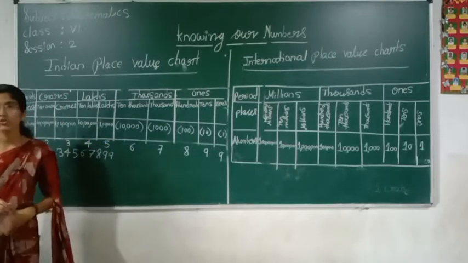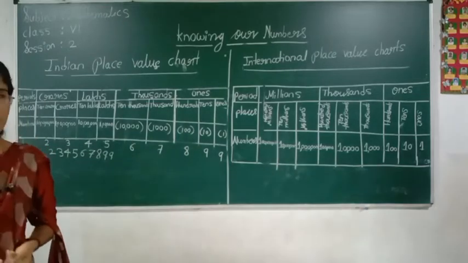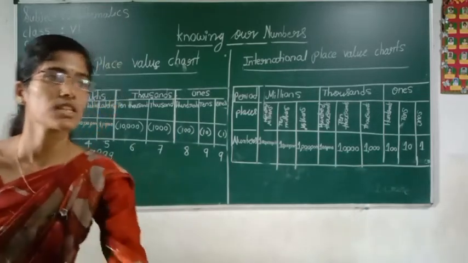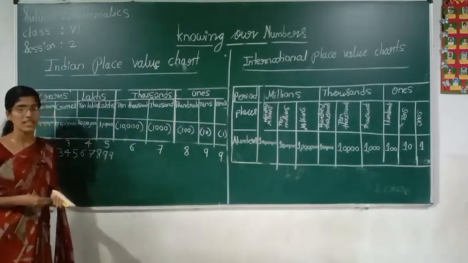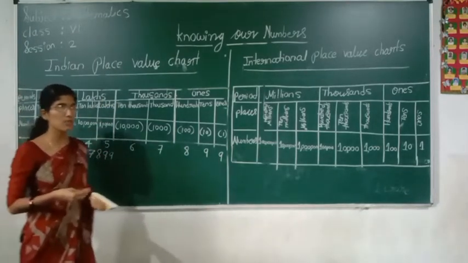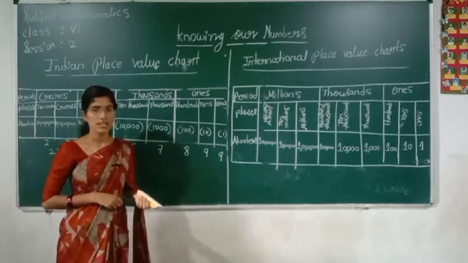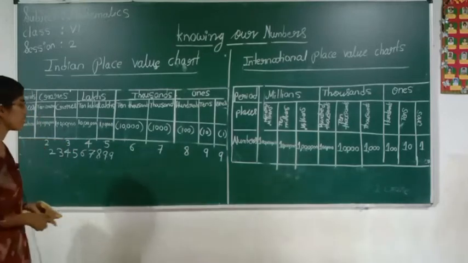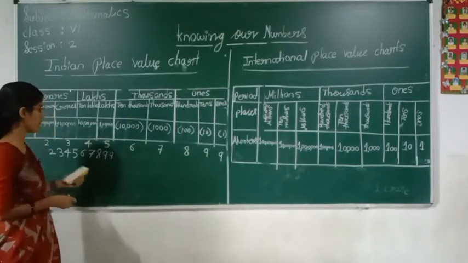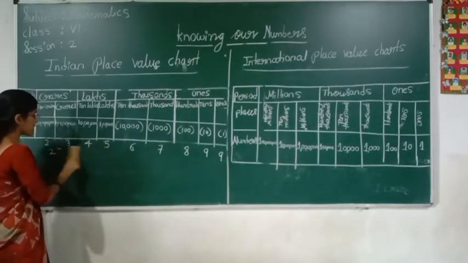If I ask you to read this number, you will feel it is very difficult. When you insert this in a place value chart, you will feel it is very easy. Place value chart means it will tell the position of the digit in the number. Now see here, if we put a comma, we will feel it easy to read the number.